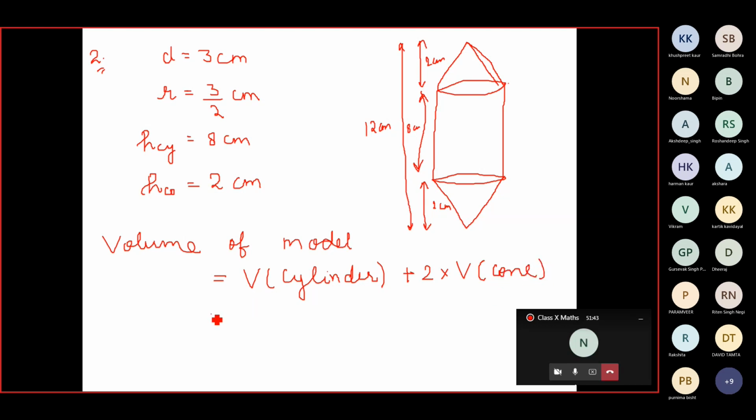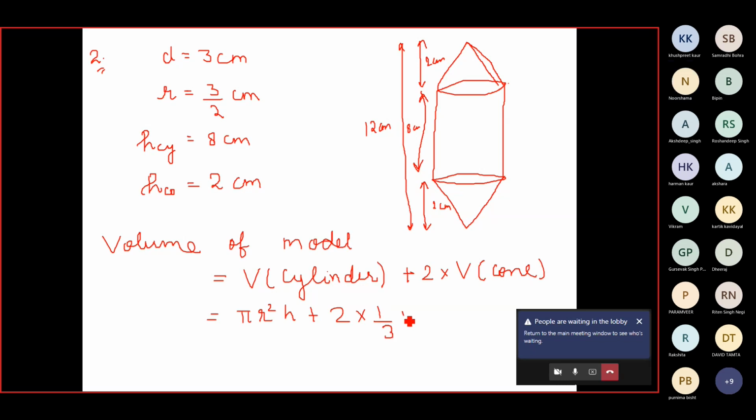Volume of cylinder is pi r square h. And volume of two cones will be 2 into volume of cone, which is 1 upon 3 pi r square h.